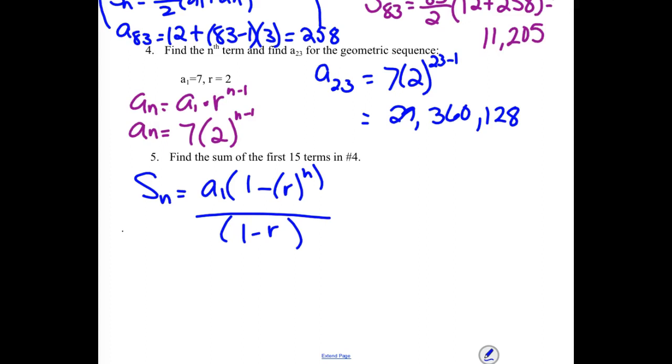Do we know all the pieces that we need for that? Okay. How many terms are we adding up? 15. So we're summing 15 terms. Our first term was 7. Our r value was 2. We're summing 15 numbers, so our n value is 15.